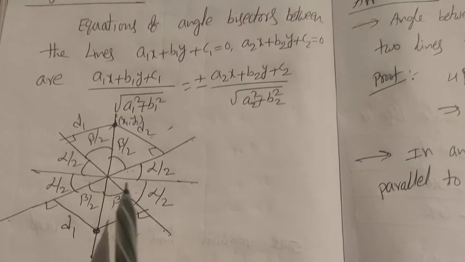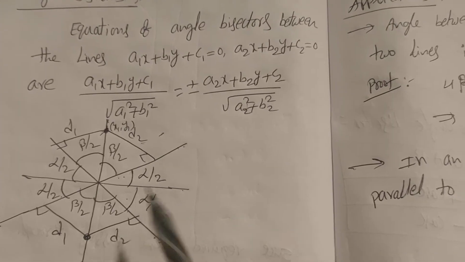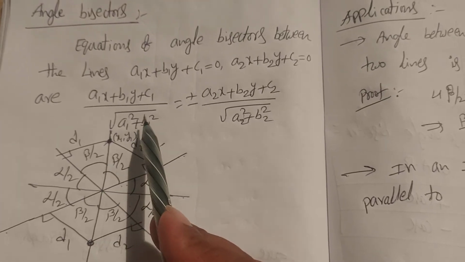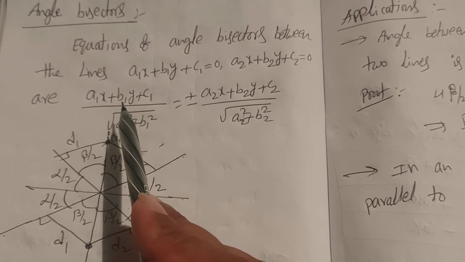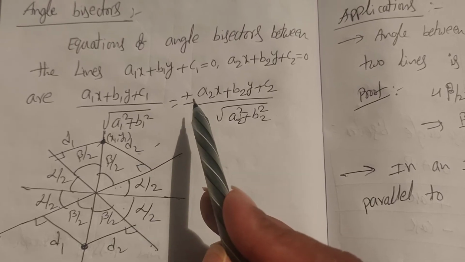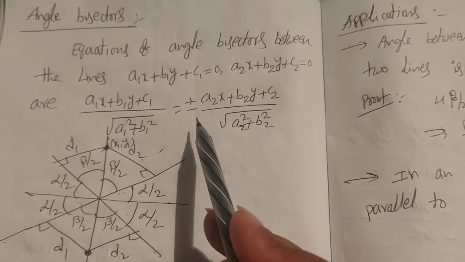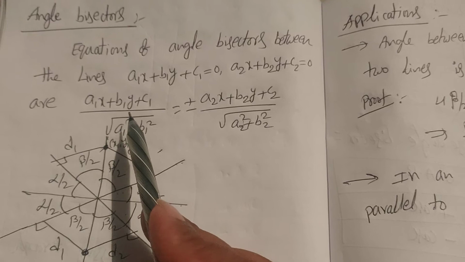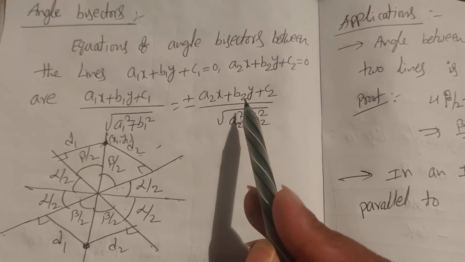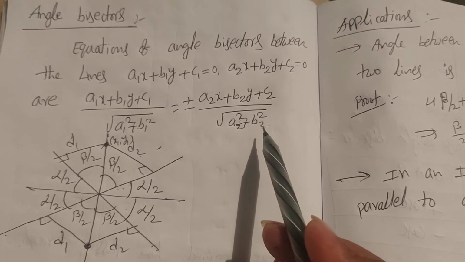Okay, same thing here. These two angular bisectors are nothing but: one equation is (a1x plus b1y plus c1) by root over a1 square plus b1 square is equal to, for positive you take one, for negative you take the other. That means (a1x plus b1y plus c1) by root over a1 square plus b1 square is equal to (a2x plus b2y plus c2) by root over a2 square plus b2 square.